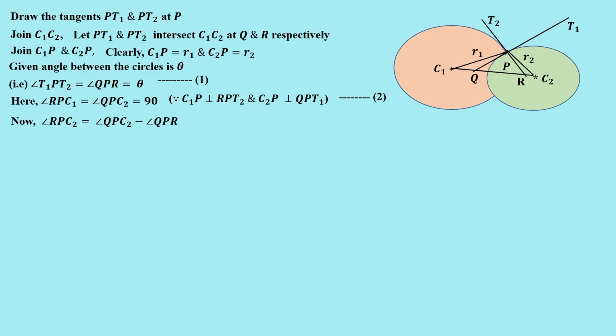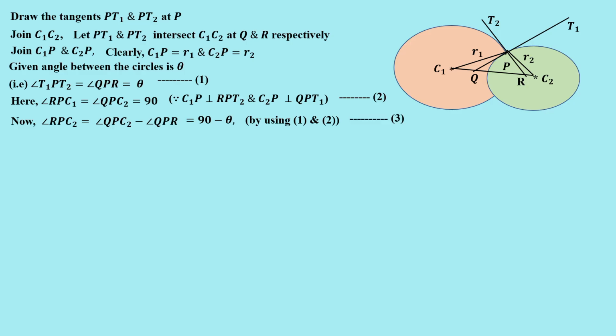Now angle RPC2 is equal to angle QPC2 minus the small angle QPR. So that is equal to 90 minus theta, by using 1 and 2, because QPC2 is equal to 90 from 2, minus QPR, which is theta.